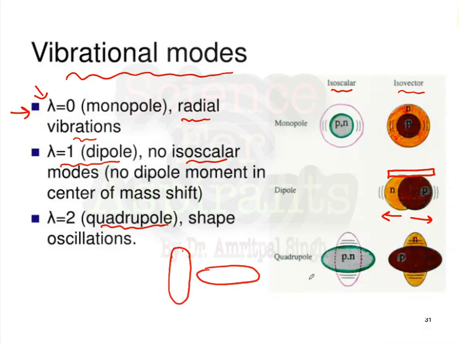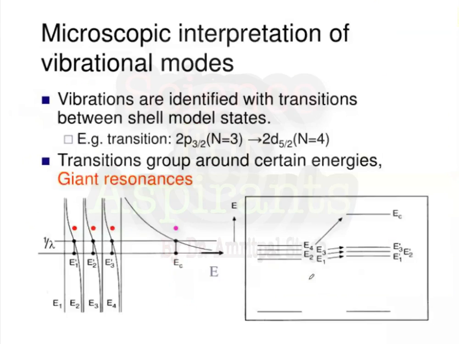So based on these vibration modes, he calculated different energies of these different excited states. He said that there are some sort of giant resonances, and resonance means that the nucleons, whether they are core nucleons or valence nucleons, have some sort of interaction happening between the protons and neutrons.